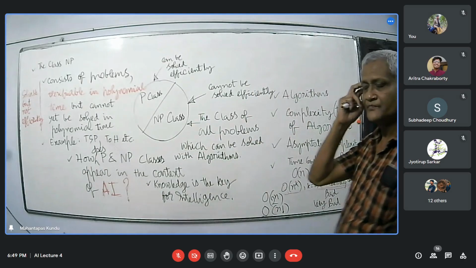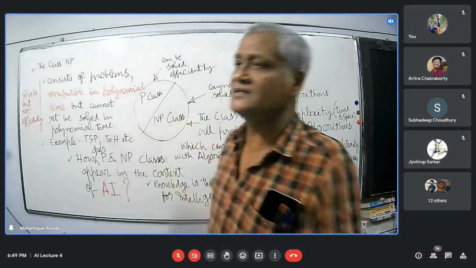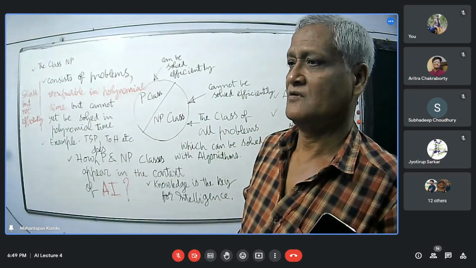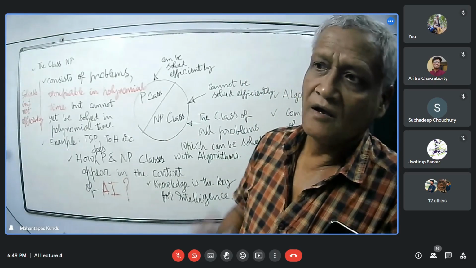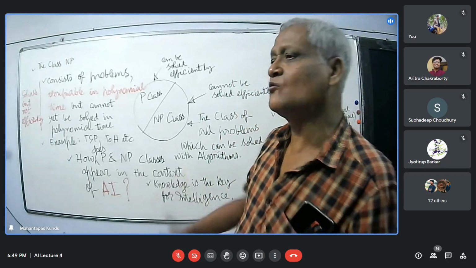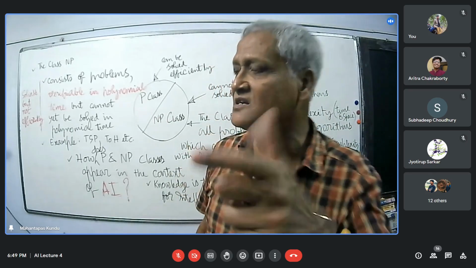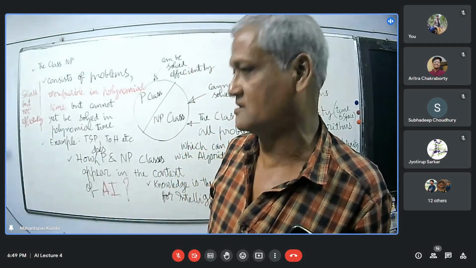Right? So, what does AI teach us? Firstly, how we can encode knowledge so that it can be utilized by a computer.